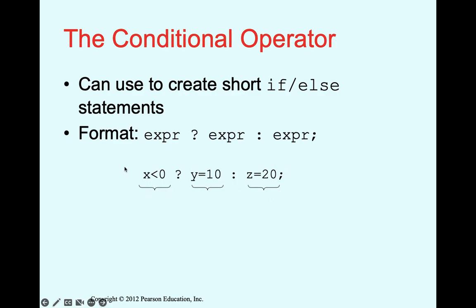This simple code is similar to writing if x less than 0, then y equal to 10, else z equal to 20. So it's just a short way to write if else. If you find it somewhere, you just understand this is another way to write if else. So this is the condition, and this is what happens if the condition was true, and this is what happens if the condition was false.